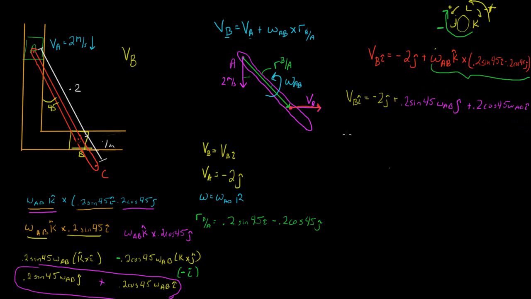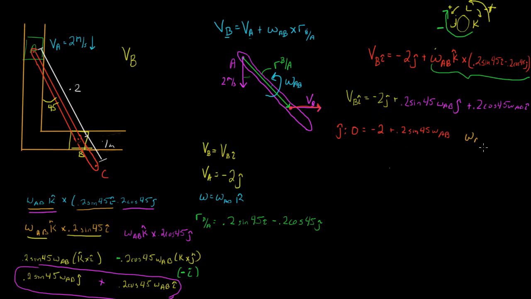So I'm going to do my j components first because I know I don't have anything on this side. So this side of the equation, we're going to have a 0 is equal to a minus 2 plus 0.2 times the sine of 45 omega AB. And look at that, we can solve for omega AB.